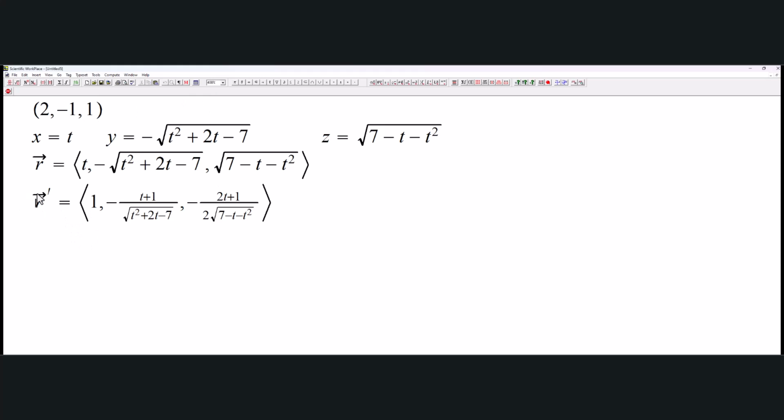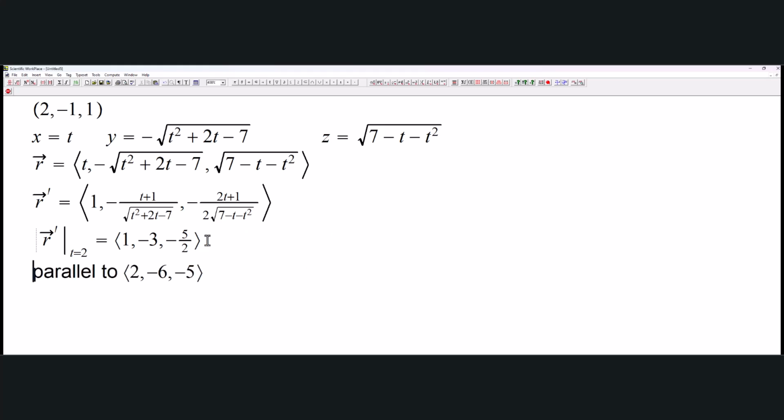First, we have to calculate this r prime at t equals 2. So when you do that, you have at t equals 2, of course, 1 is going to stay as 1. And if you do all the substitutions, that's what you get. And notice this vector is parallel to 2, -6, -5.